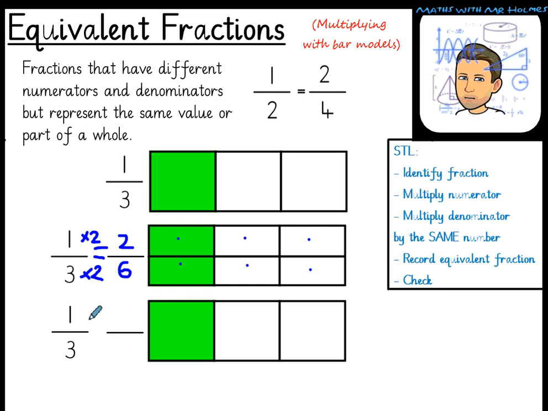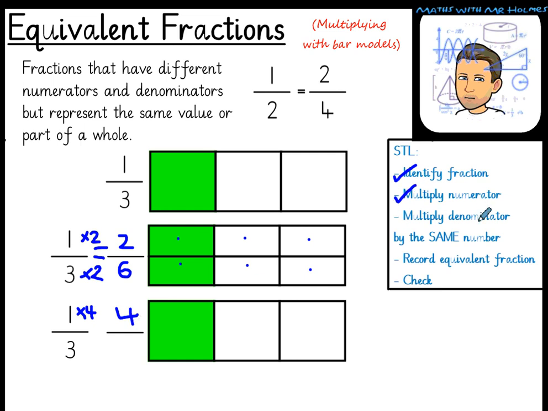Let's try a different number. Let's try 4. So we'll identify the fraction is 1/3. We'll multiply the numerator, we said, by 4. 1 times 4 is 4.